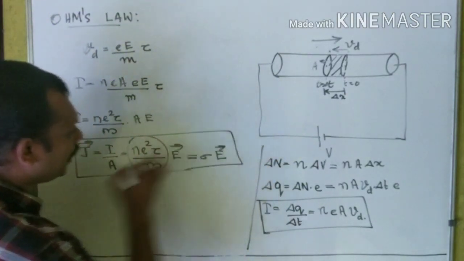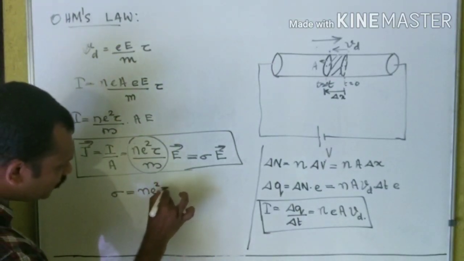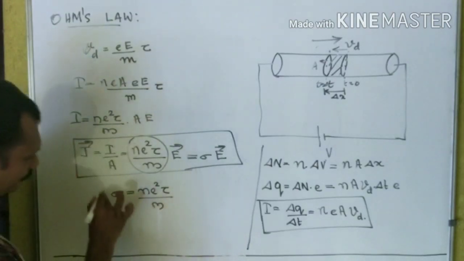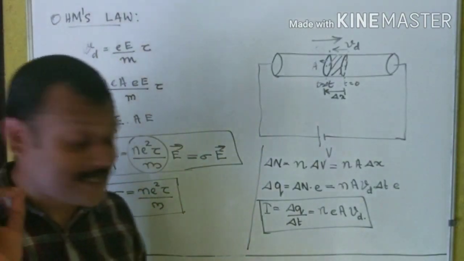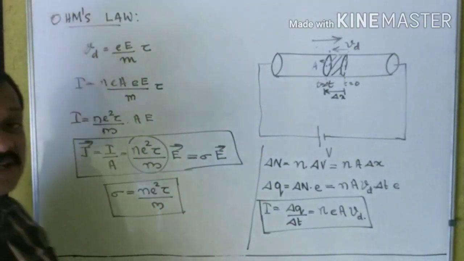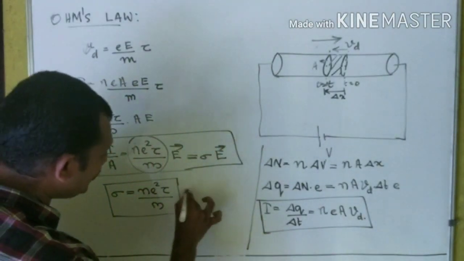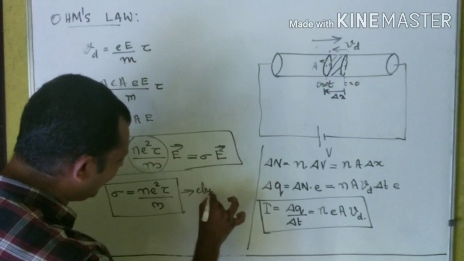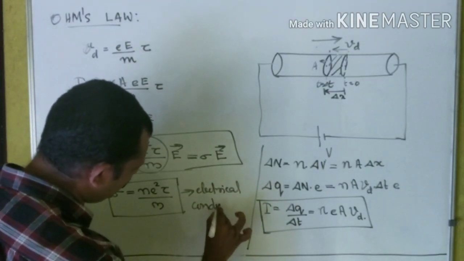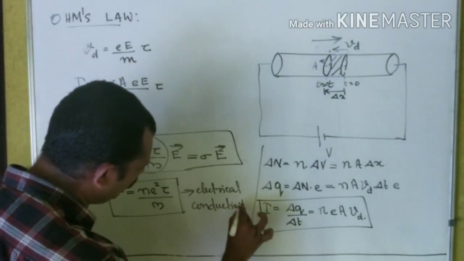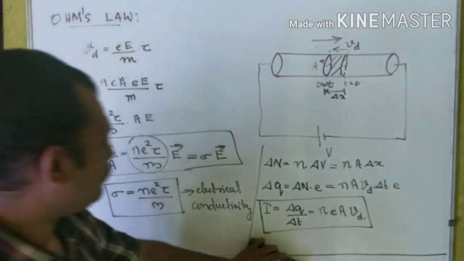J is equal to sigma E, where sigma is equal to n e square tau by m, a material and temperature dependent constant, and this is called electrical conductivity of a material.